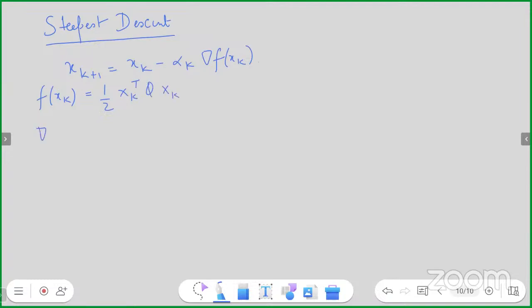So what is the gradient of f of x_k? Anyone? Q times x. So what does the update look like? x_{k+1} equals x_k minus alpha_k Q x_k. We can take x_k common, and I get essentially (I minus alpha_k Q) x_k.